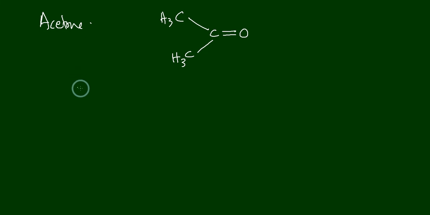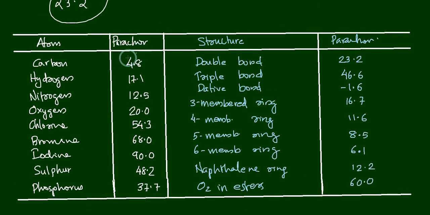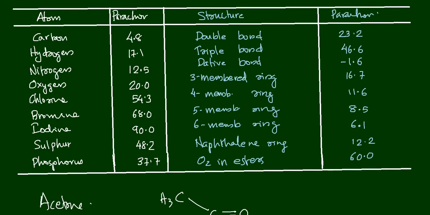What are the atomic contributors? Three carbon atoms are there. So three carbon atoms will contribute 3 into, looking at the table, what is the contribution from the carbon? The contribution from the carbon is 4.8. So 3 into 4.8. And there are 6 hydrogen atoms, right? So 6 hydrogen atoms will give 6 into, what is the contribution from the hydrogen?